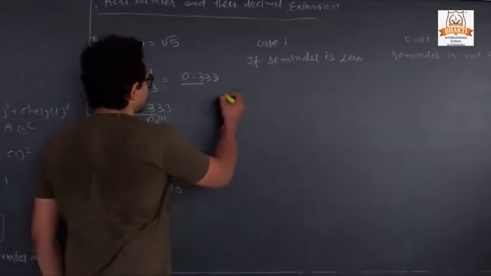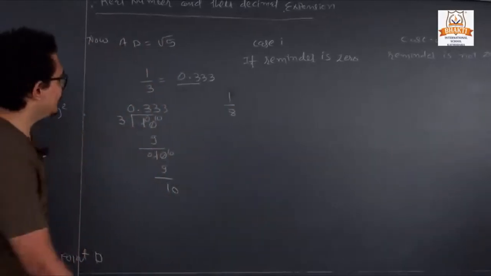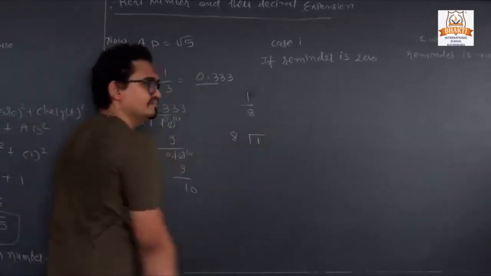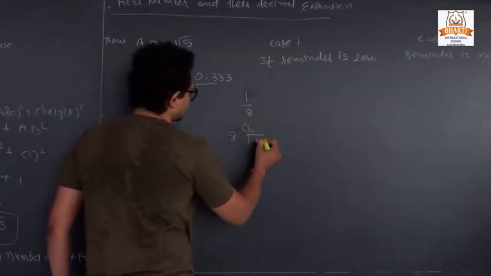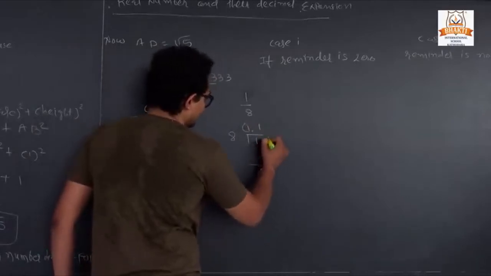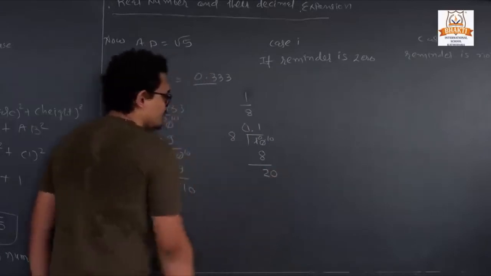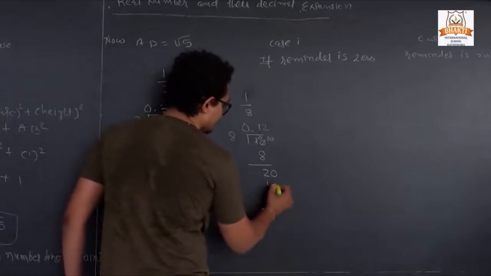And now we are taking one more example, like 1 by 8. So if we are taking 1 by 8, so 8 divided into 1. Now here we are putting 0. So 8 ones are 8, so 2 is our remainder. Now once again we can put 0. So now 8 2s are 16.